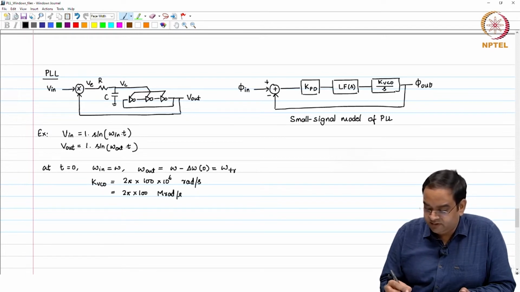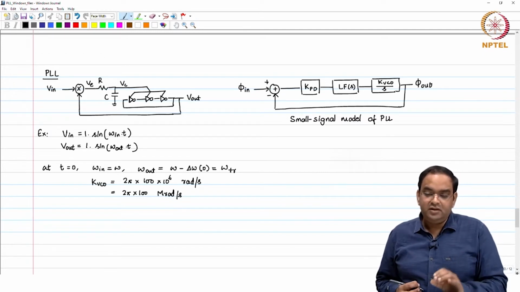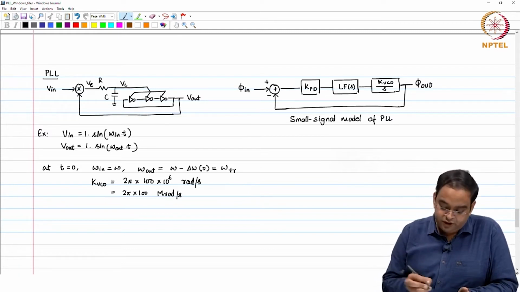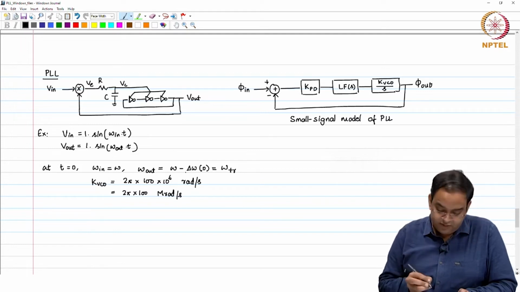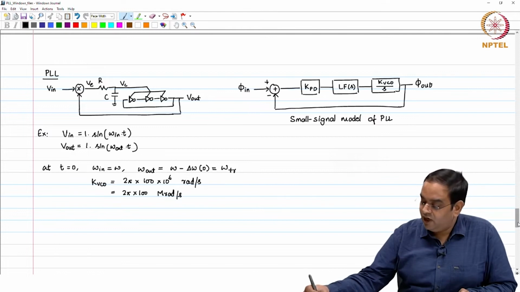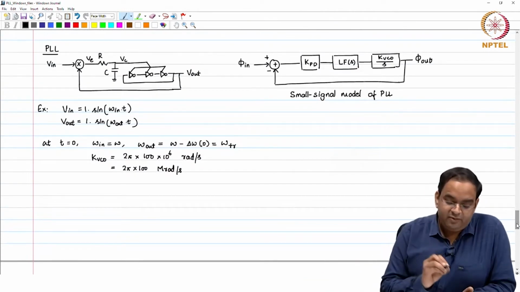These are just the ways in which we write. So, initially there is a frequency error between the input and the output frequencies. If I write at any given time what the frequency error is, that will be omega in minus omega out.